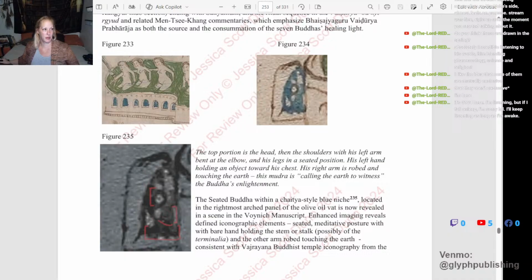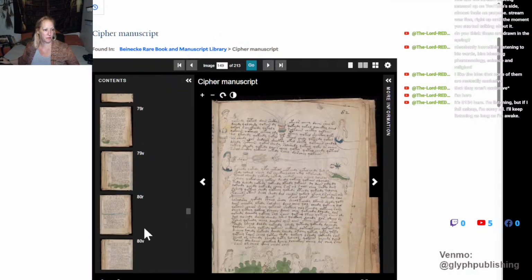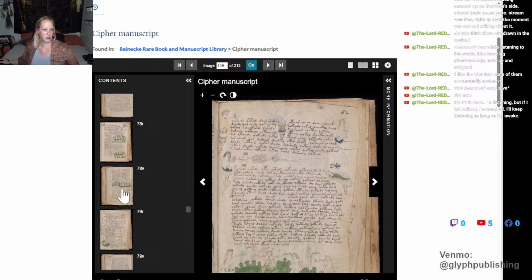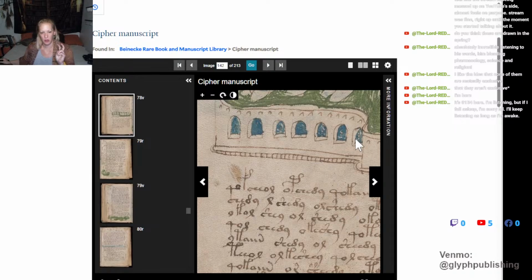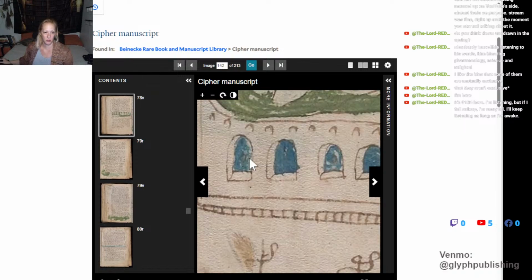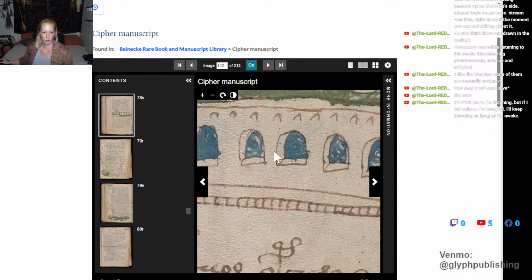Folio 78V. This is the one I'm petitioning. This will prove that windows are not windows. They are Chaityas, from what I showed you just a few moments ago. Inside them are circles, and the more you go along, the more detailed it becomes.